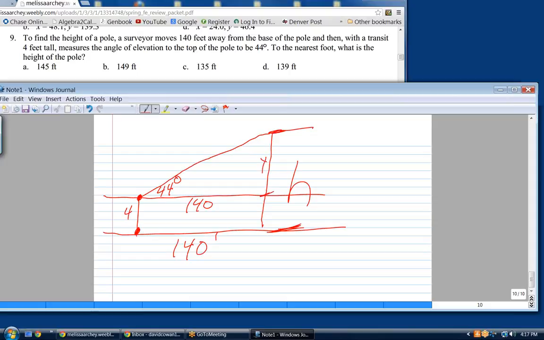Wouldn't it be opposite over hypotenuse? No, we don't have the hypotenuse. Oh, so it'd be opposite over adjacent. Tangent. Good. Tangent of 44 degrees equals y over 140. So y equals what?